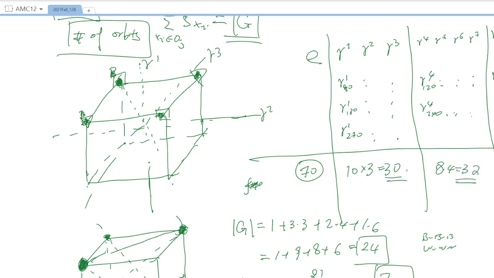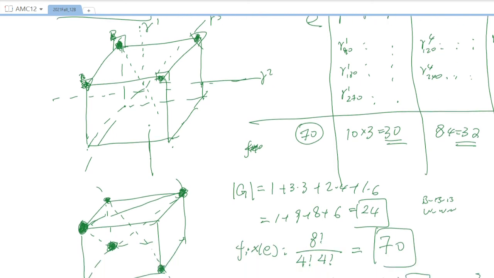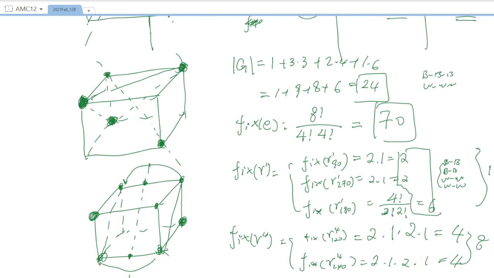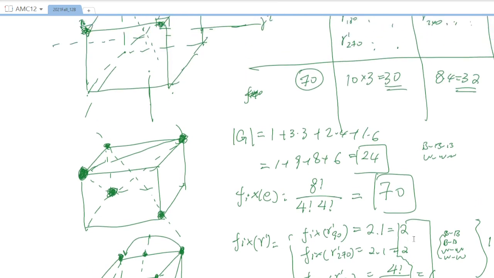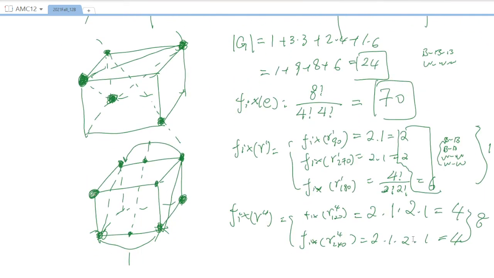Okay, so let's talk about the last one. The last one only has the 180, right? So this one gets to here, this one gets to here, this one here, and this one here. Basically, we also divide here into 4 pairs, right? So it's the same thing.